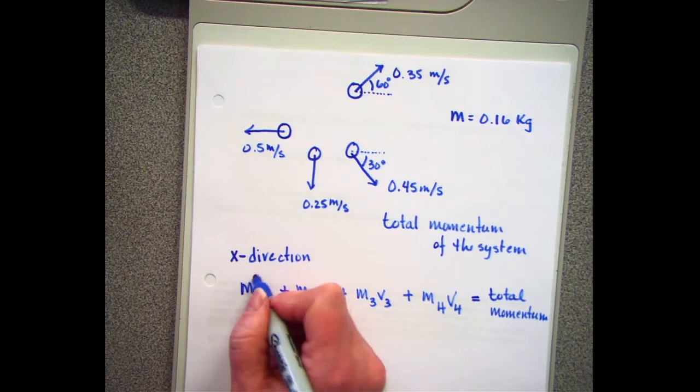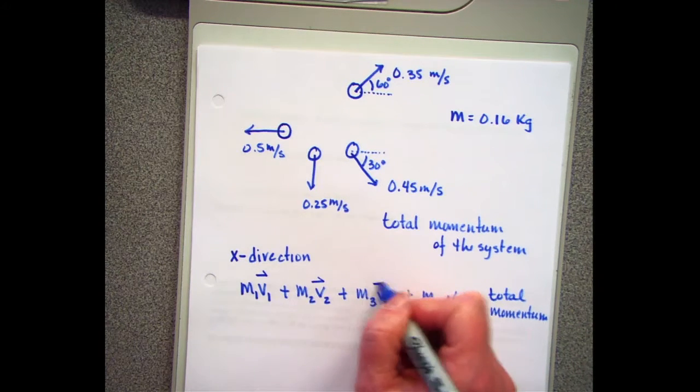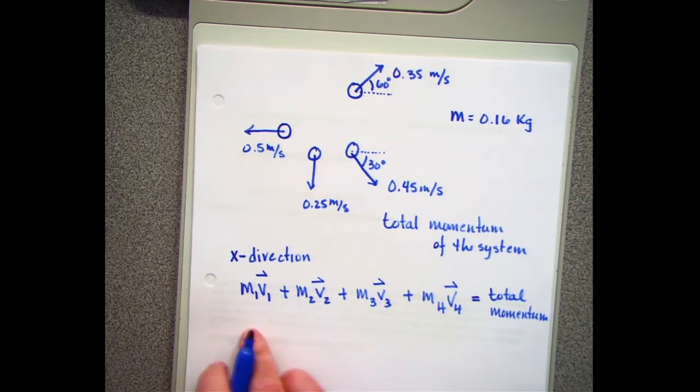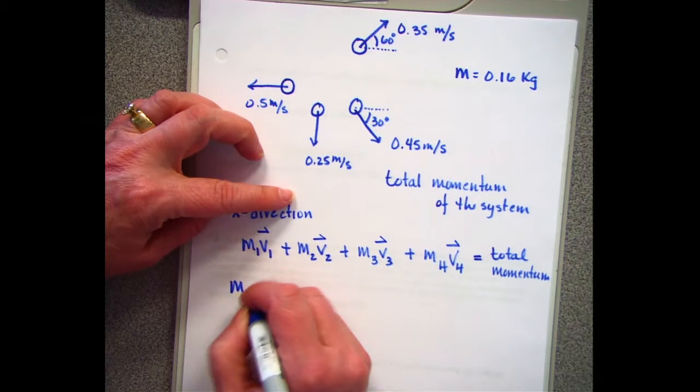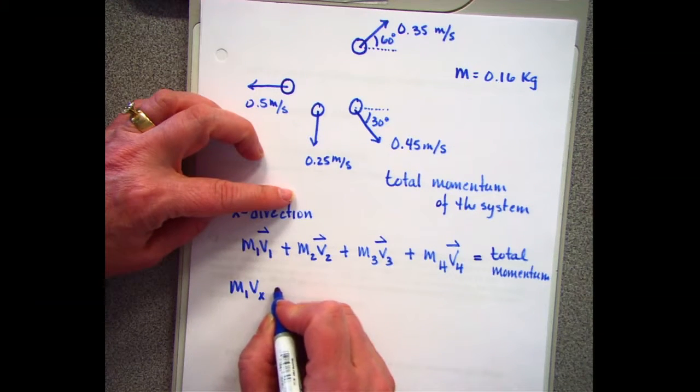And if I'm going to go ahead and just give you all of this, this is irrespective of the dimension. If I'm doing just the x direction, I'm only worried about the velocity in the x.